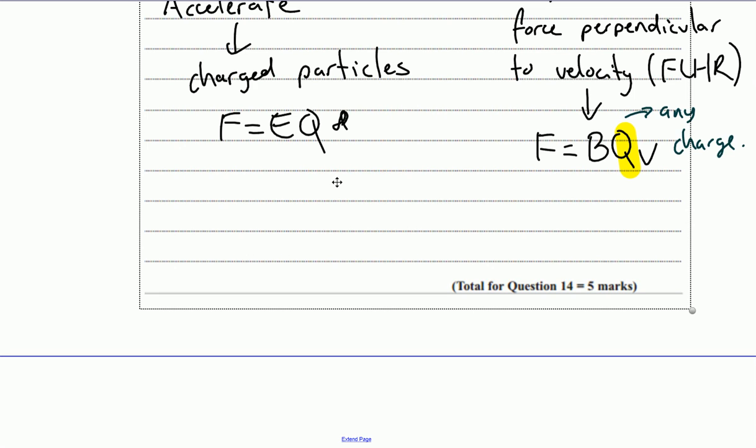Well, let's think about an ordinary particle accelerator. Thinking about magnetic fields, if I wrote r equals, what do we get there? p over BQ, where p is mv. Yeah, very good.